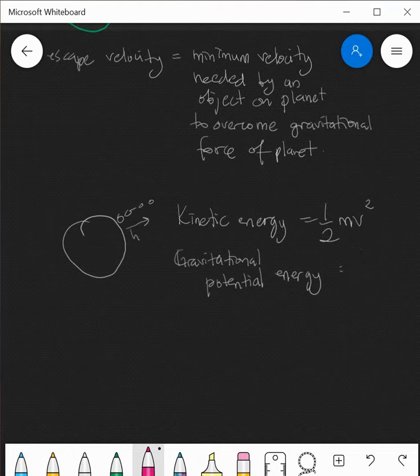So the gravitational potential energy here would be minus GMm over r. Okay, so G is the gravitational constant, M is the mass of the planet, smaller m is the mass of the object, r is the orbital radius lah, radius between the planet and also the object.